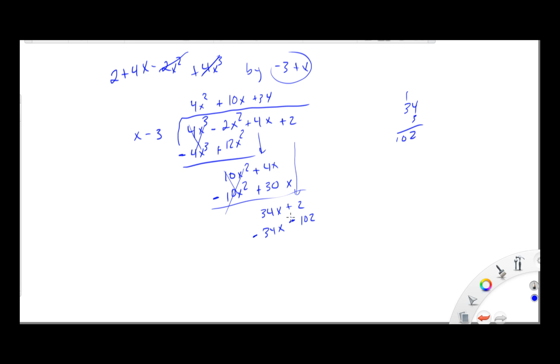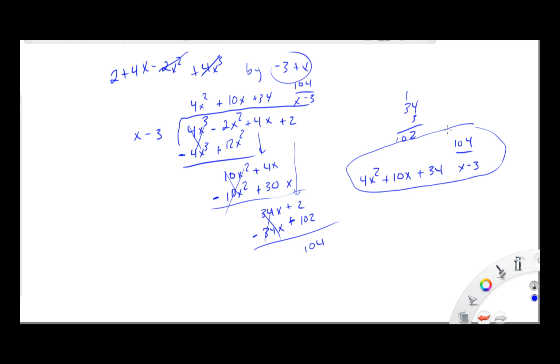Change the signs, which now we have this gone, and we have a 104, which is going to be my remainder. So 104 over x minus 3. So the total is 4x squared plus 10x plus 34, plus 104 over x minus 3. That should be the answer for number 10.